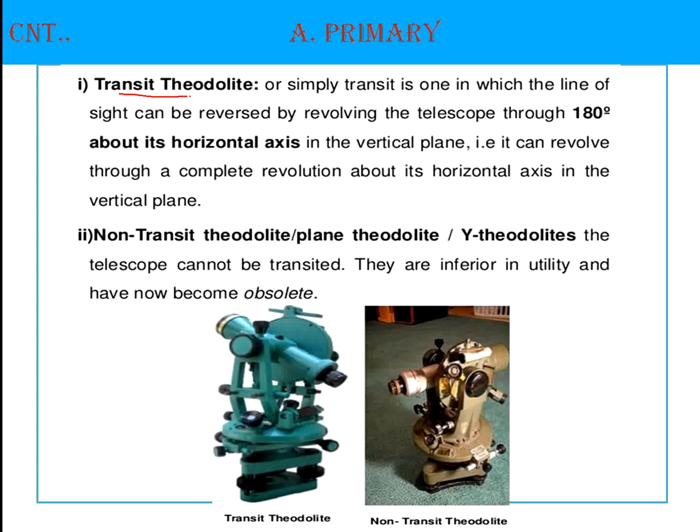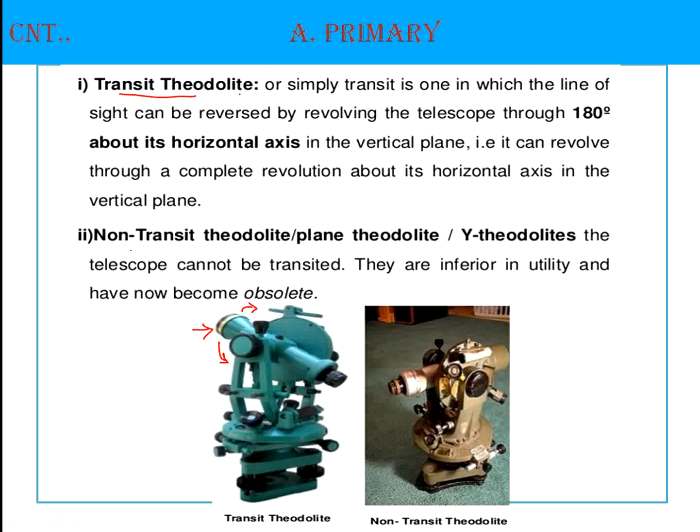That is transit theodolite. The word transit indicates that in this type of theodolite, the telescope can be rotated about its horizontal axis, upwards or downwards in the vertical plane. So that is the transit theodolite.